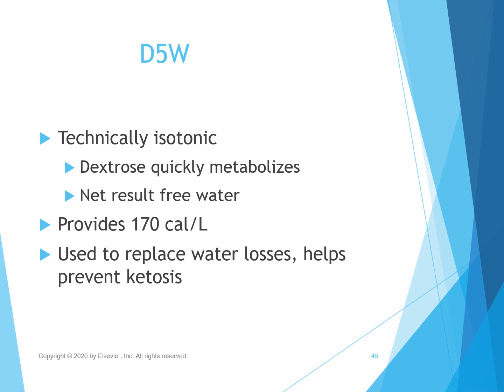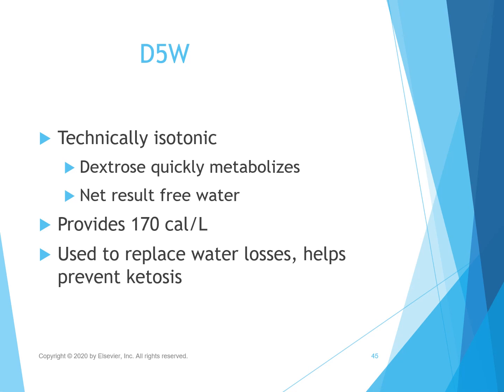So D5W is a little bit tricky because it is physiologically hypotonic. However, it becomes isotonic as the dextrose metabolizes very quickly. So this one's a little bit tricky. If you look at some tables in some books, it's listed as isotonic, and in some books, it's listed as hypotonic.